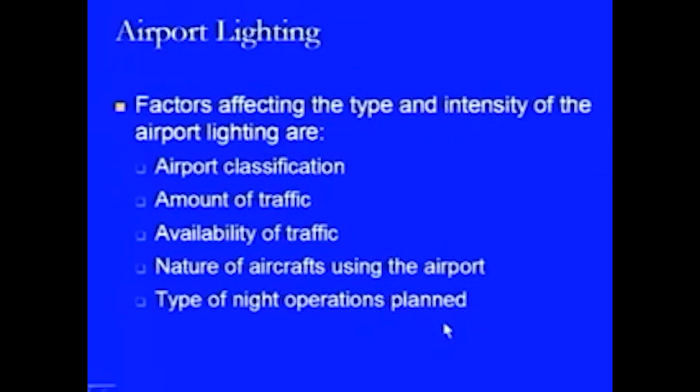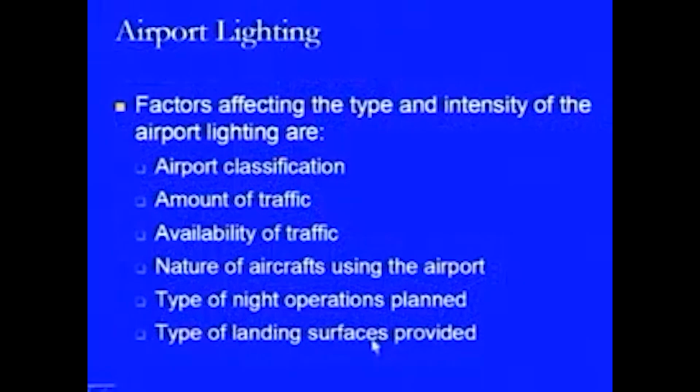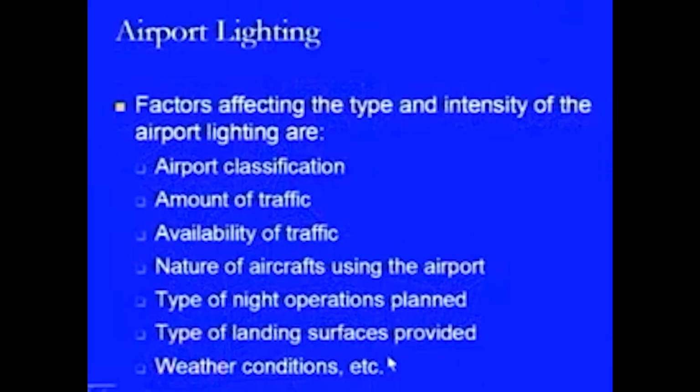Then the type of night operations being planned, whether under visual conditions or instrumental conditions. Depending on that, again there may be a change. Then the type of landing surfaces provided will also have its effect, and the weather conditions.